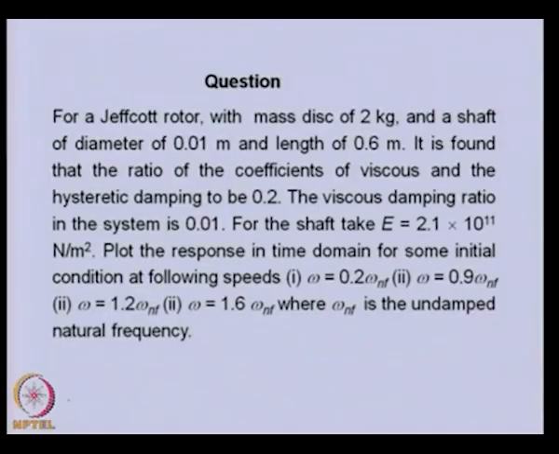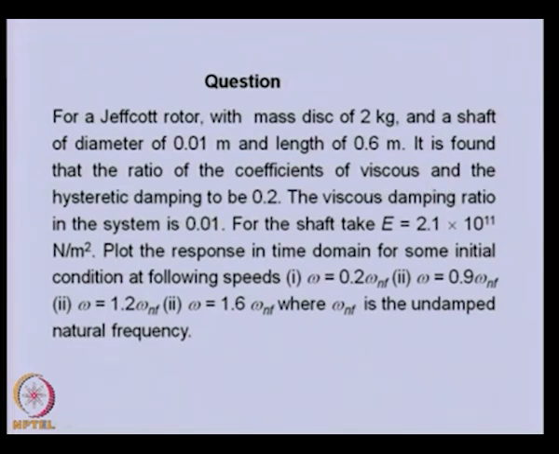So, this is the problem in which we are considering a Jeffcott rotor. The mass is given, the diameter of the shaft is given, the length is given, and the hysteretic damping ratio, let us say we are assuming as 0.2, and the viscous damping ratio of the system, that is zeta, is 0.01. This is the damping ratio.